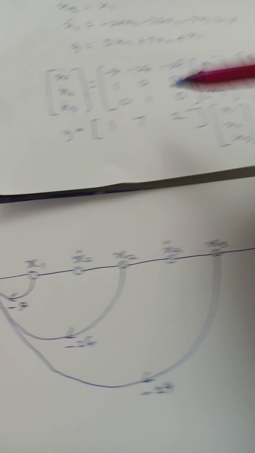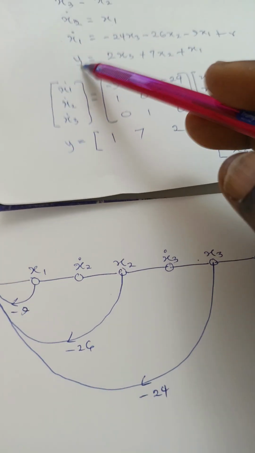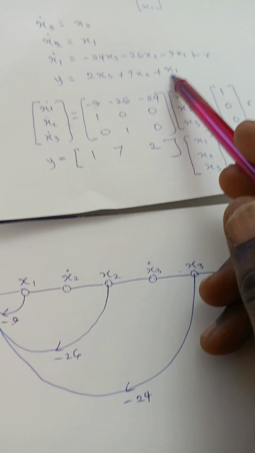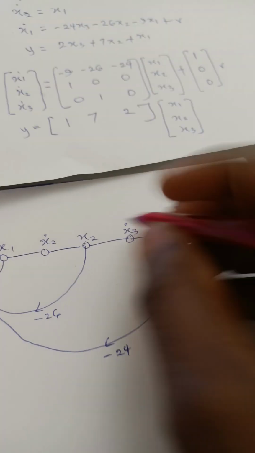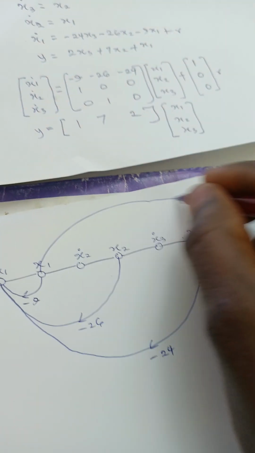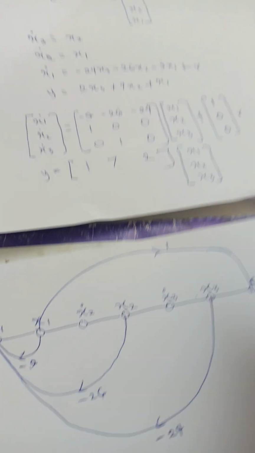The next thing we want to look at is the output. If you look at it very well, y is linked to x1. So this is x1, and it's linked to it, so this is going to be 1.